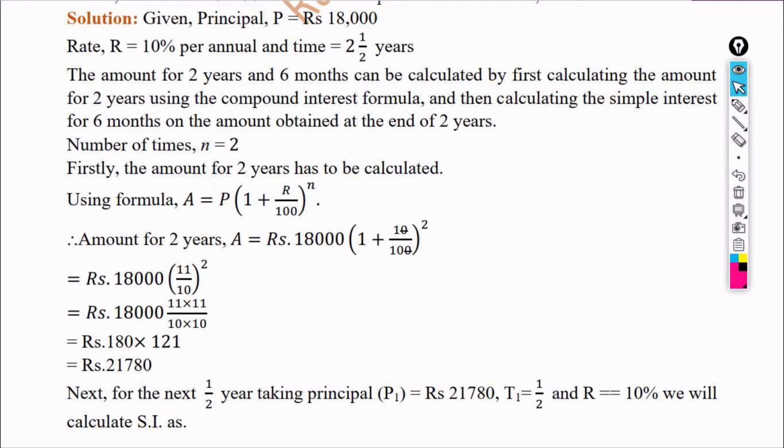And you know, we don't know how to calculate the interest for half year. Then first of all we can calculate compound interest for 2 years, and second we can calculate interest for the 6 months, half year, by using the formula of simple interest.